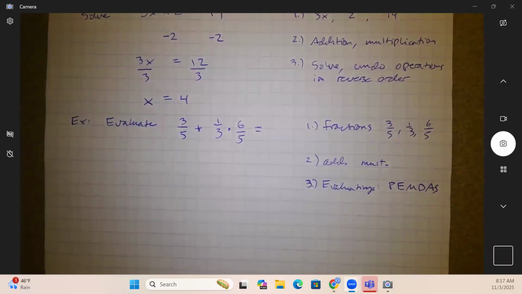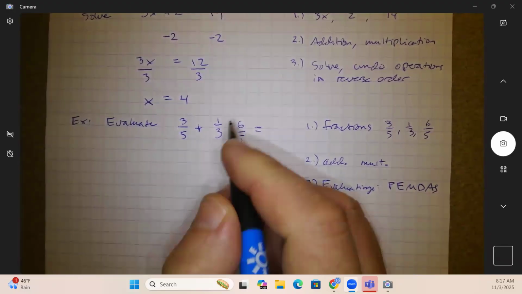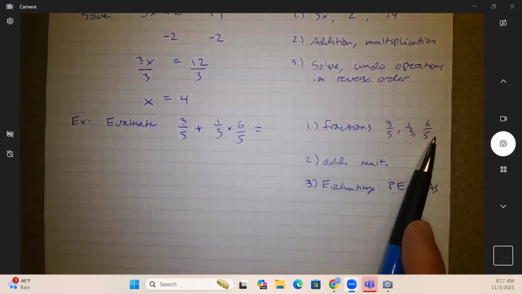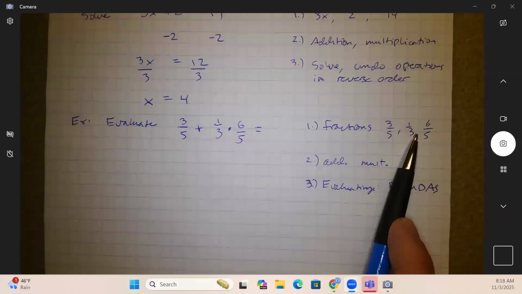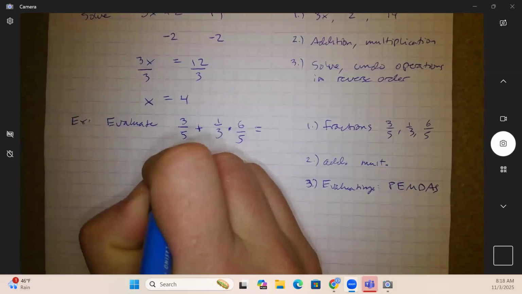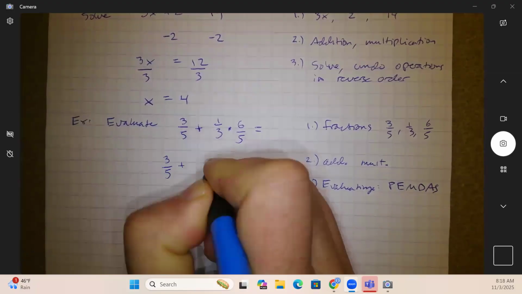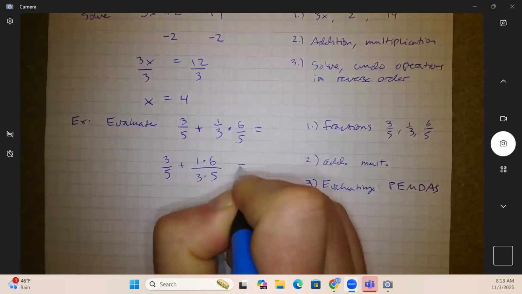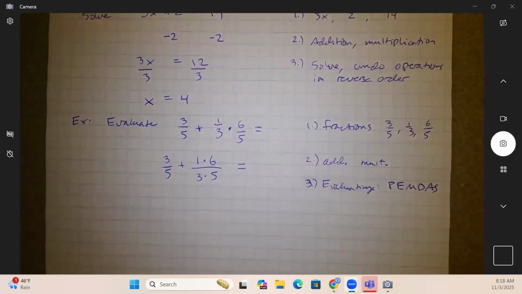We just haven't combined them in the same expression. But 3/5, 1/3, and 6/5, they're all numbers, and so PEMDAS still applies even though they're fractions. So the 3/5 is going to wait over here while I do the multiplication, because multiplication comes before addition in PEMDAS.